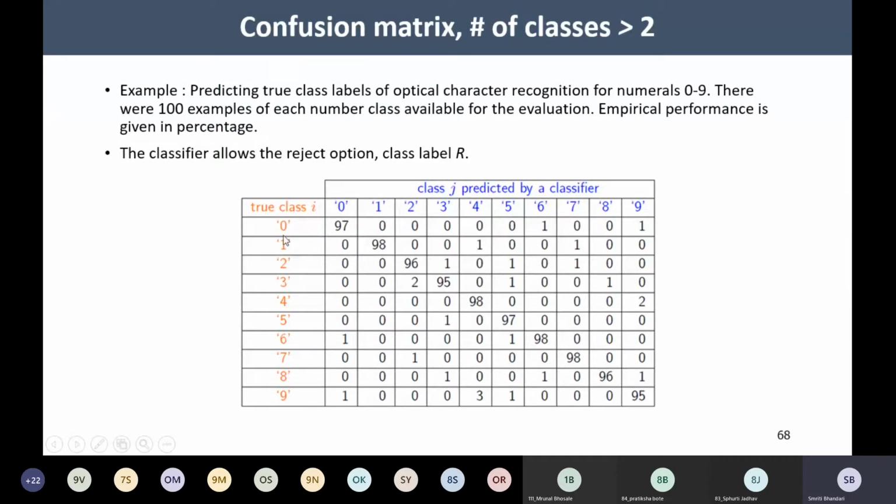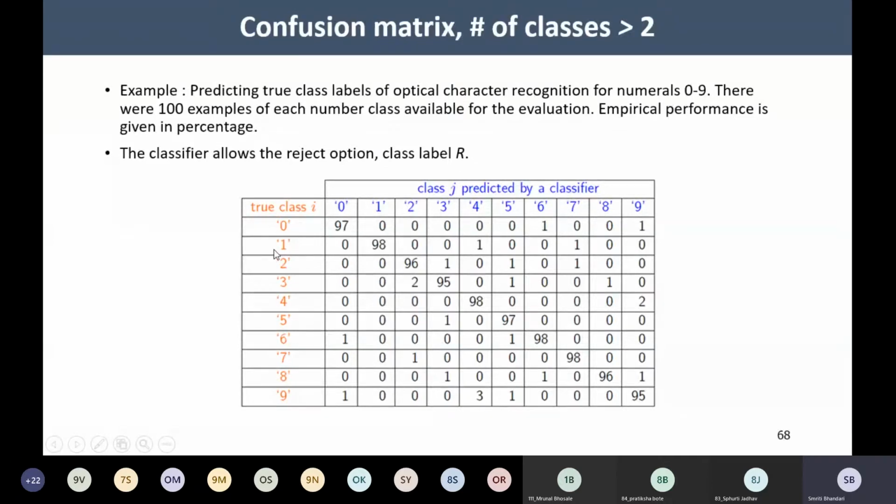So if my actual class is 0 and if it is predicted as 0, we said that it is true positive. So 0 actual and 0 predicted, there are 97 samples.